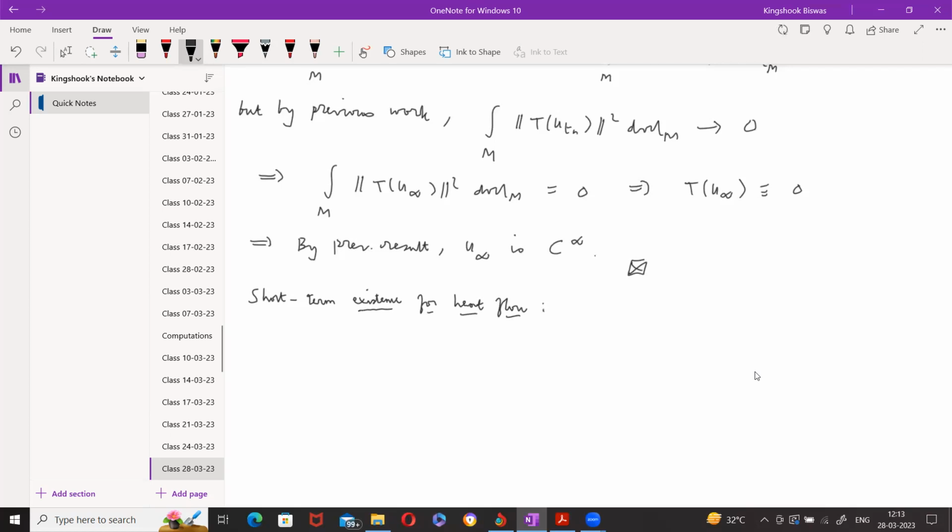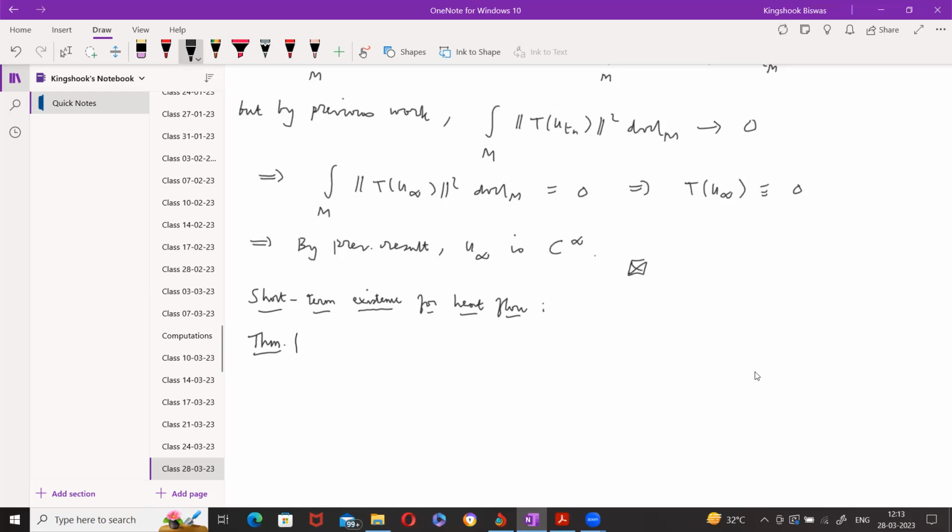All right. So the first thing we have to use is a theorem of Nash. We want to reduce things to a PDE taking values in Rn.